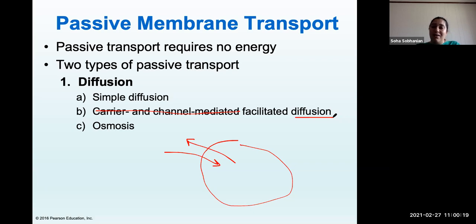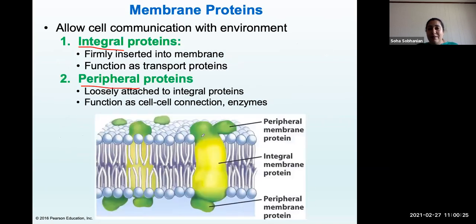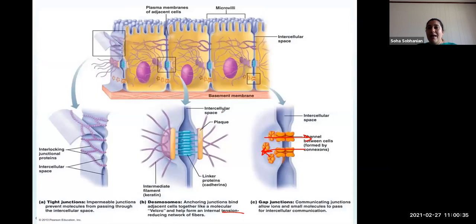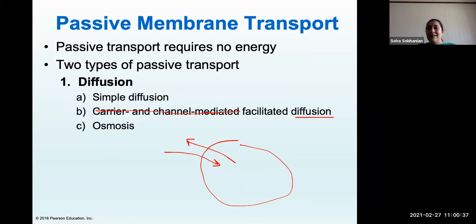Helping the process along. So if I need to use the protein, remember the integral protein we talked about here? Remember this gigantic protein? What if I need to use this protein to get things in or get things out? If I'm using those proteins, guys, then I'm needing what? A facilitator. So I'm still moving from high to low with help of the integral protein. So I call that facilitated diffusion.